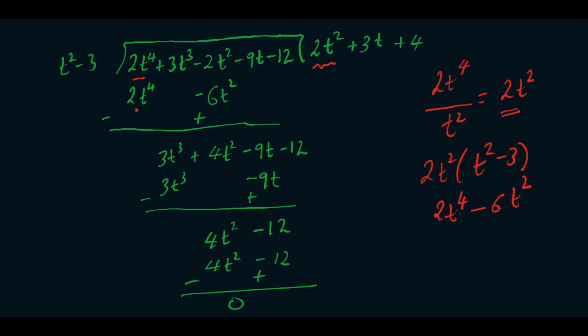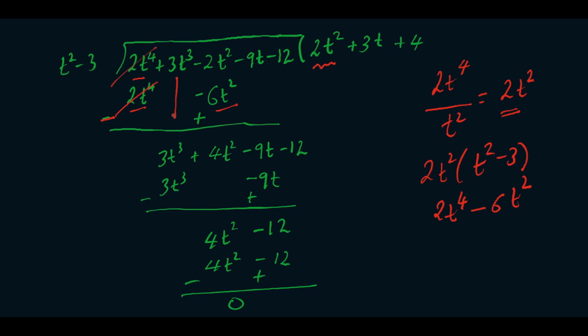So we write at the respective positions of t to the powers, we write 2t to the power 4 minus 6t square. Here there is a plus sign, so we will write minus here. Here there is a minus, so we do plus here. So when we do this, 2t to the power 4 will cancel out.